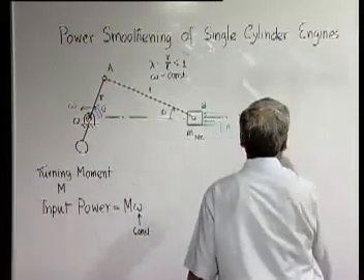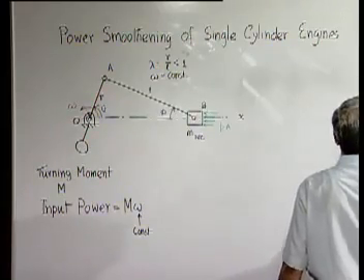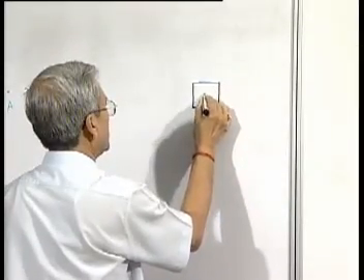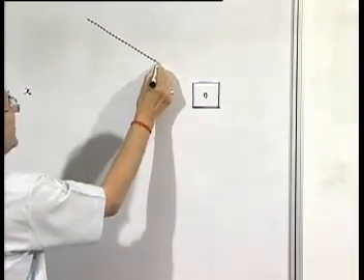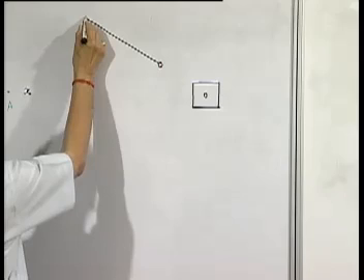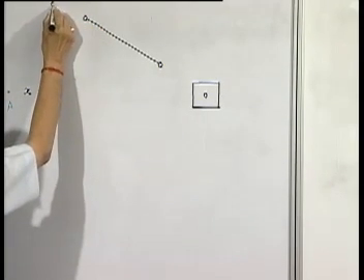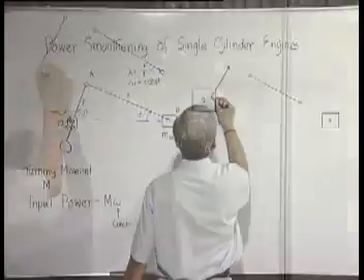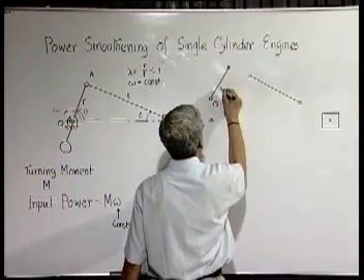Now let us draw the free body diagram of the various bodies. This is the piston. This is the connecting rod. This is the crank.